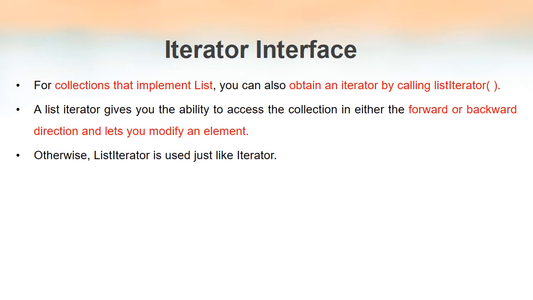So there are two methods, one is the iterator method and the other is the listIterator method, but the listIterator method is available only for those collections which make use of the List interface. By using the listIterator method, we also get an iterator, but there is a small difference between ListIterator and Iterator. By using ListIterator, we can traverse in both directions, both forward and backward.